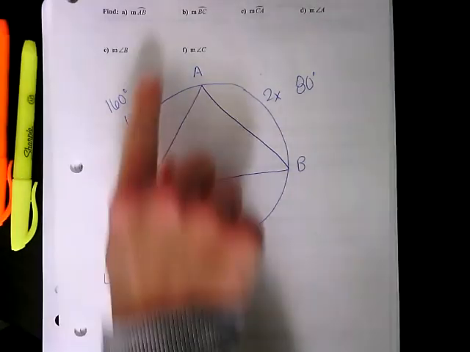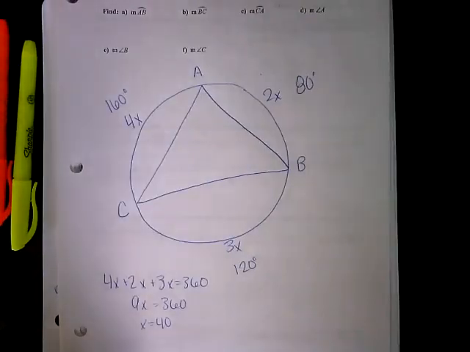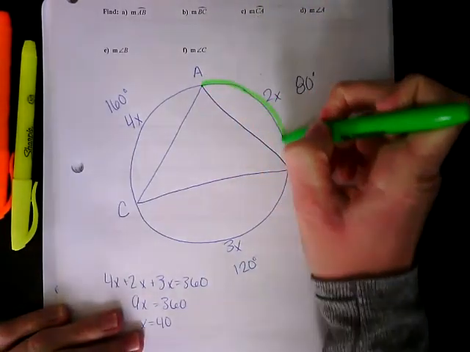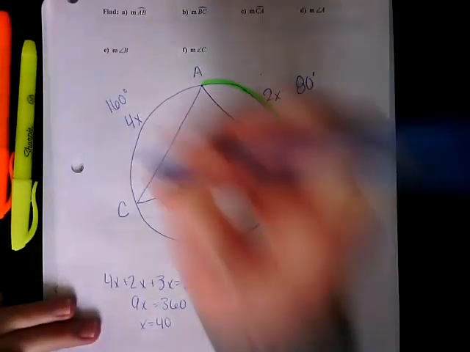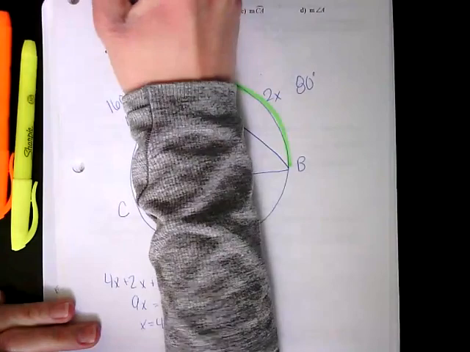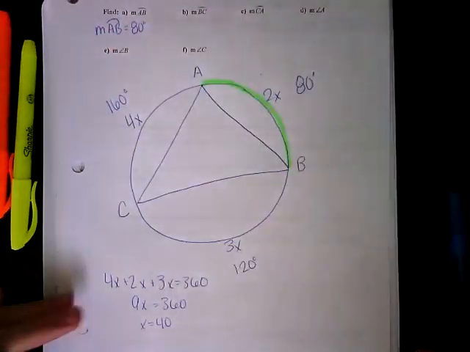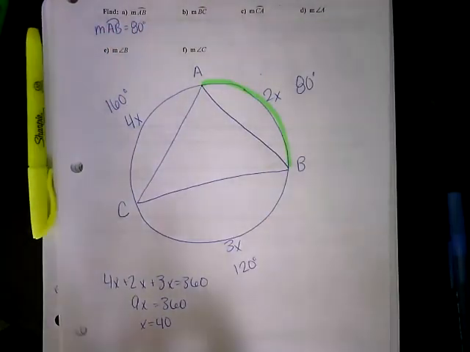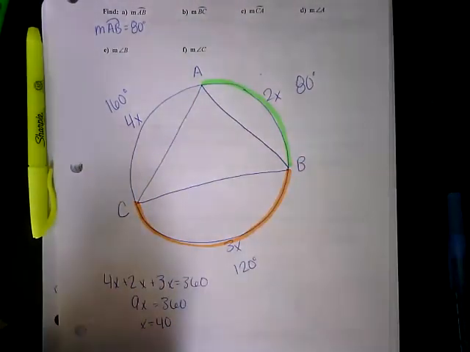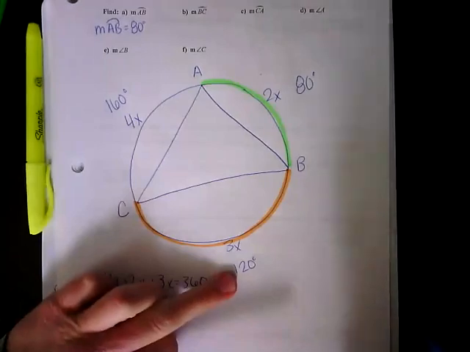We just answered the first three. The measure of arc AB is this one, which is 80. So the measure of arc AB is equal to 80. The measure of arc BC is this one, which is 120.